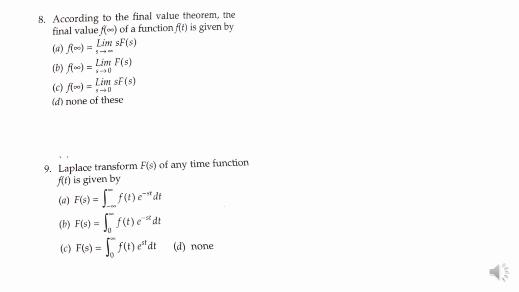Next, according to the final value theorem, the final value f of infinity of a function f of t is given by. So what is f of infinity? That is equal to limit t tends to infinity f of t.